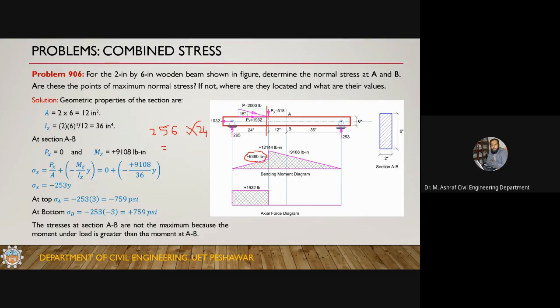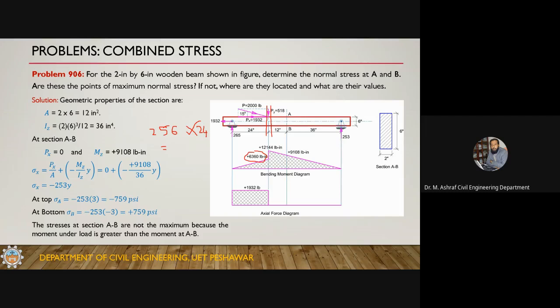So here the bending moment is 0, and here the bending moment is 6360. This is the bending moment diagram. Now if you calculate the bending moment just to the right of this concentrated force, you can use the right hand side.